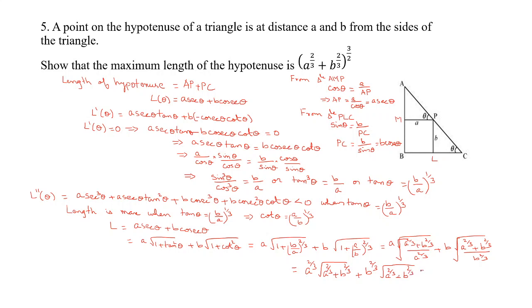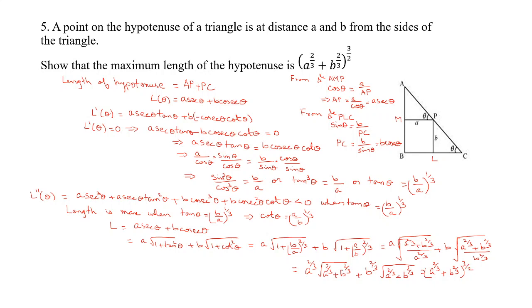Now this under root a to the power 2 by 3 plus b to the power 2 by 3 is taken as common. So this will become a to the power 2 by 3 plus b to the power 2 by 3 to the power 3 by 2.